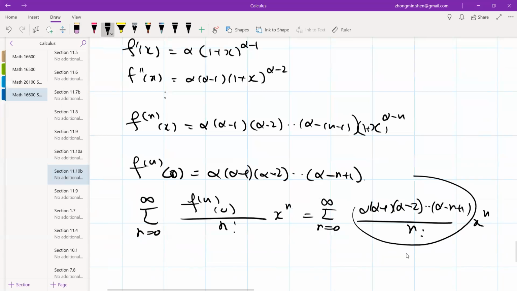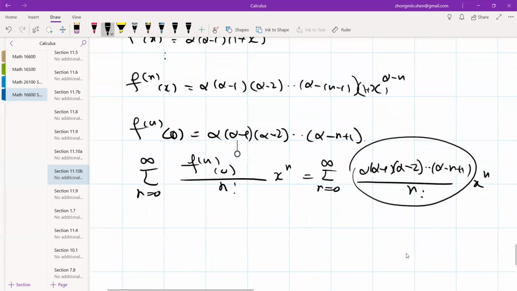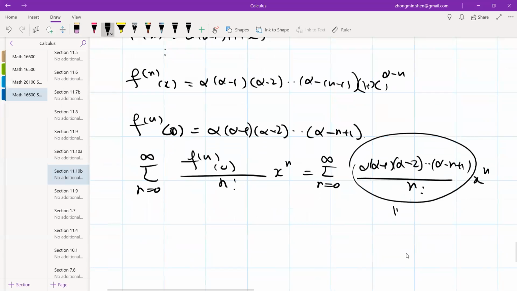This coefficient, I'm going to use another notation for it. This is denoted by alpha choose n. So then you get this series.